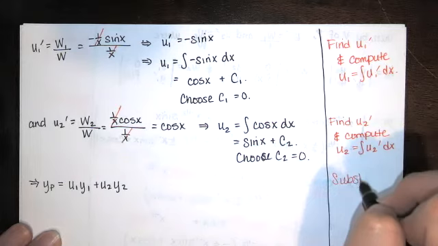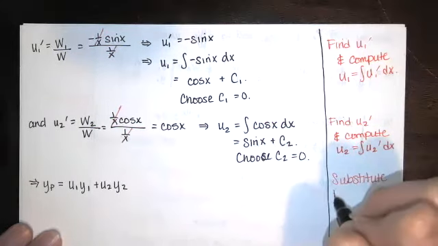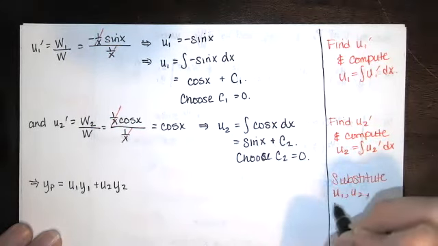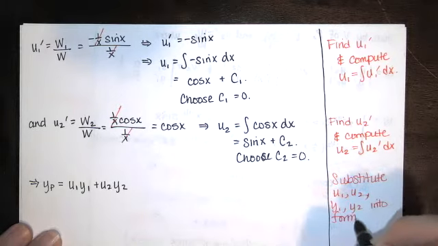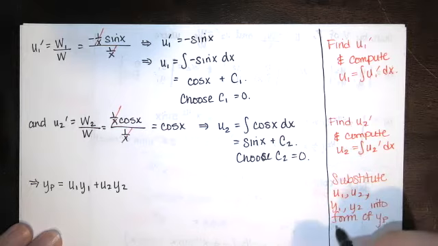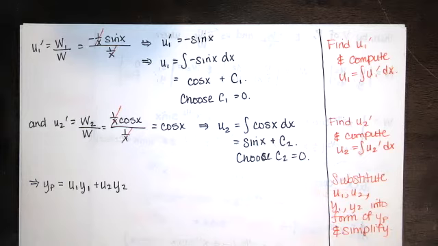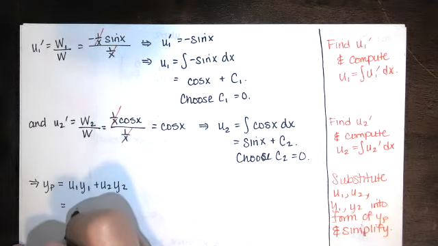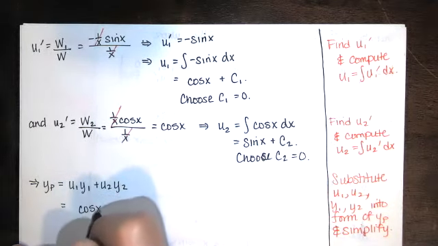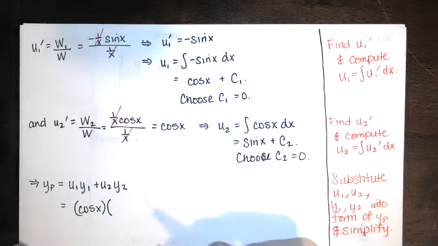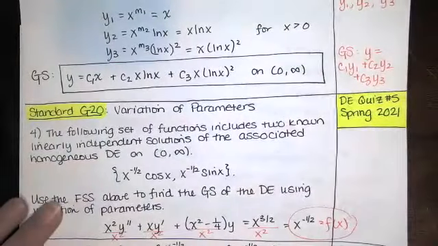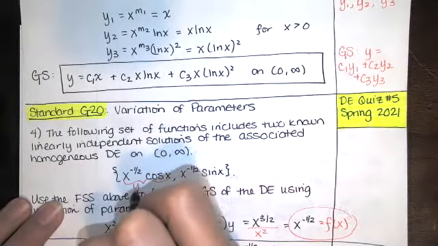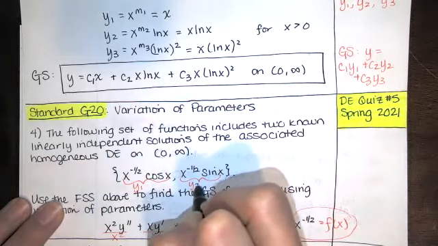So we're going to substitute our U1, U2, and of course y1 and y2, into the form of y sub p and simplify. So U1 is cosine of x, and y1, remember at the very beginning, we chose for this to be our y1, and we chose for this to be our y2.